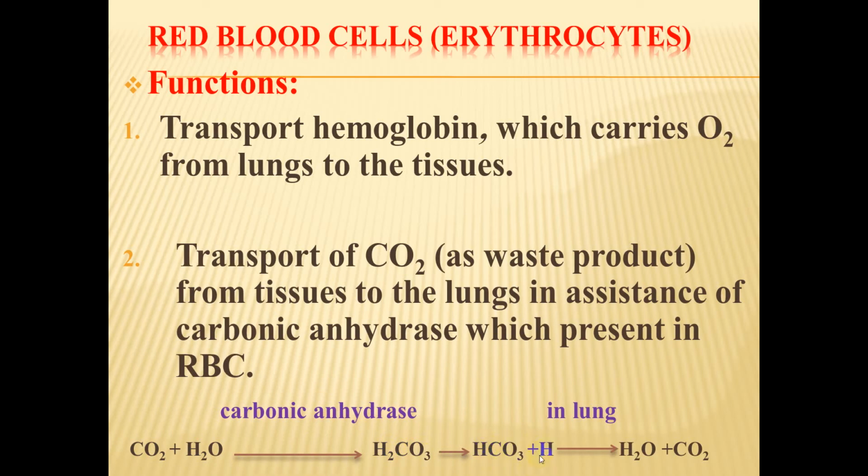With the presence of hydrogen reach to the lung for the blood. In the lung هيصير عندي return to the first composition of carbon dioxide with H2O. Then release carbon dioxide as gas to the outside of the body.